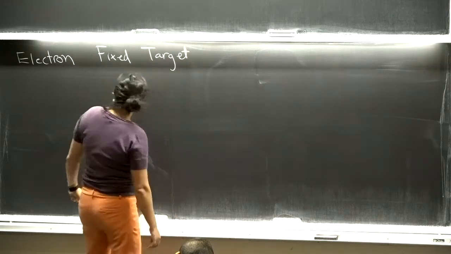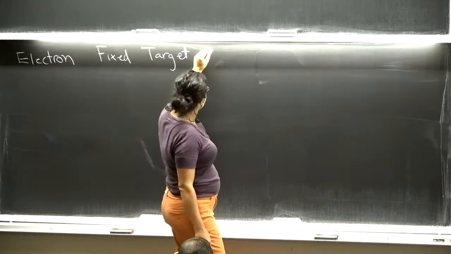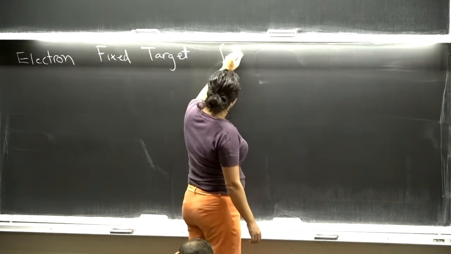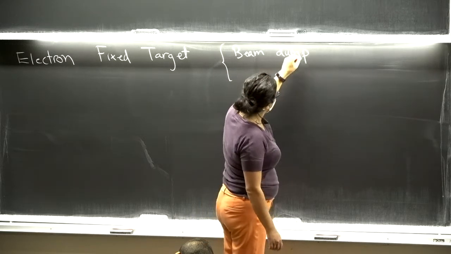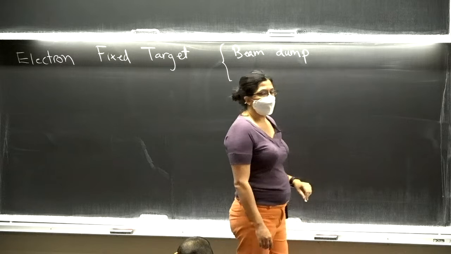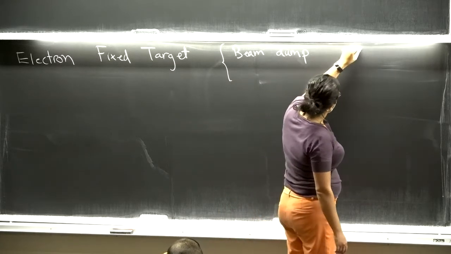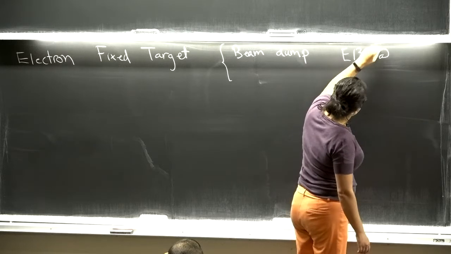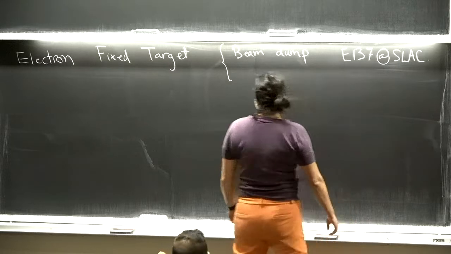is electron beams on a fixed target. And I'm going to start here by talking about beam dump experiments. And in particular, one that was run in the 80s that set powerful constraints is E137 at SLAC.